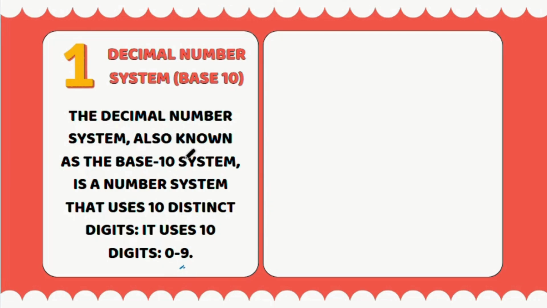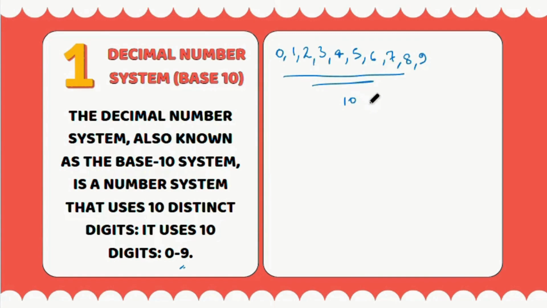The decimal number system, also known as the base 10 system, is a number system that uses 10 distinct digits: 0, 1, 2, 3, 4, 5, 6, 7, 8 and 9. This whole is 10 in number, so we call the decimal number system a base 10 number system.